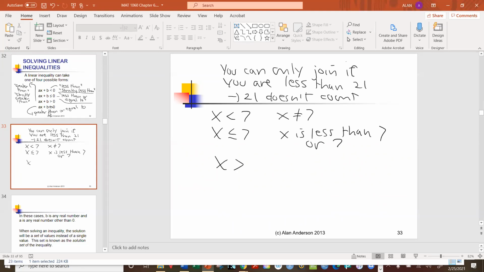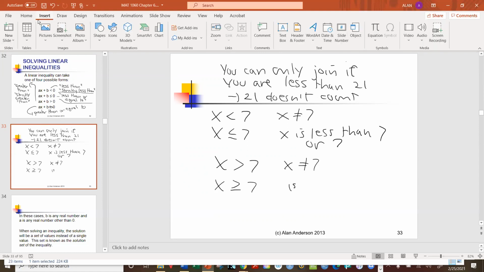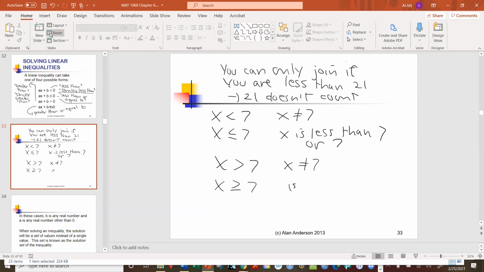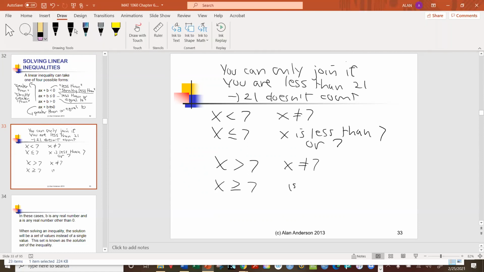If I say X is strictly greater than 7, X cannot be 7 here either. But if I say that X is greater than or equal to 7, then it can be 7.